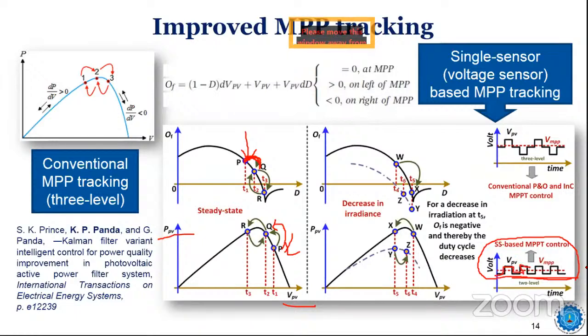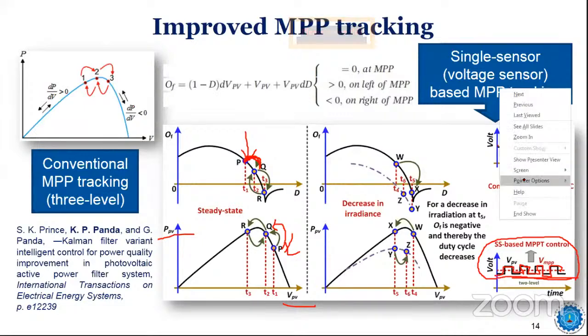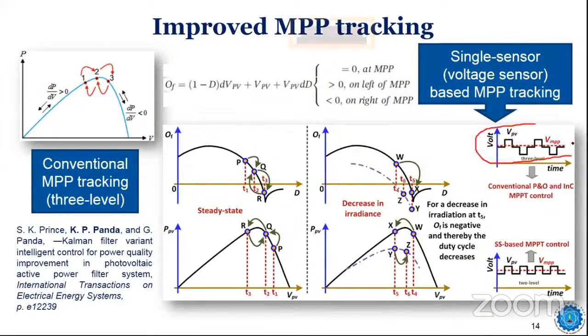You can see here Q to R, R to Q, R to Q, Q to R. In practice, the three level oscillation is much more, whereas the two level oscillation is reduced, so I'm able to track the most accurate power output.